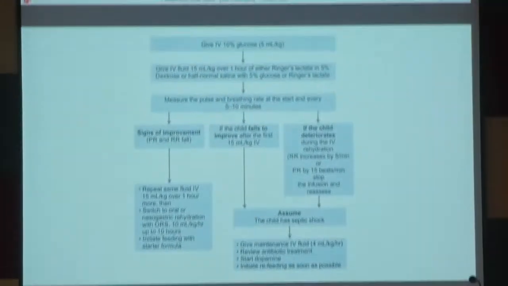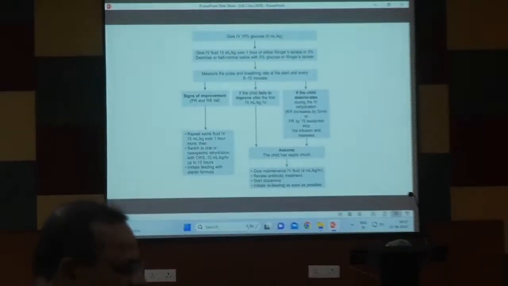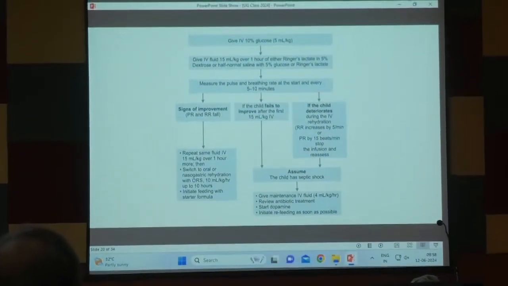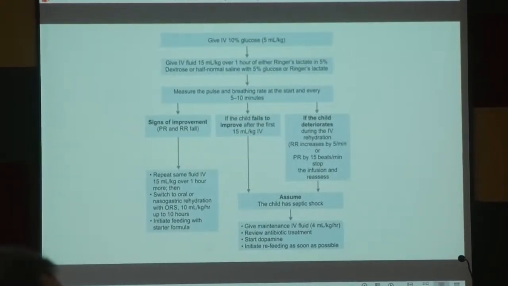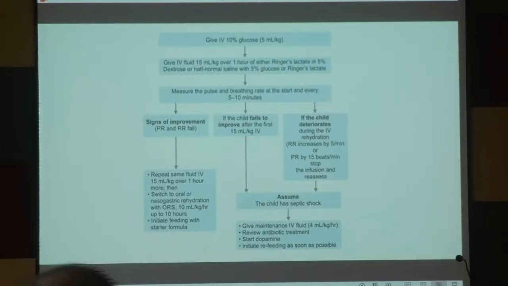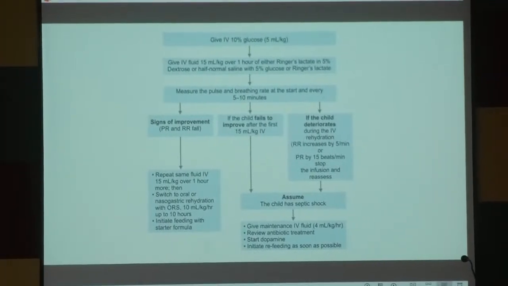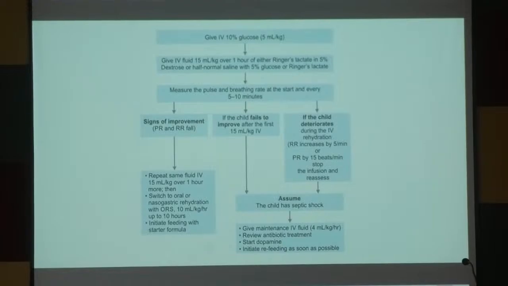This is another algorithm, you see. It started with the 10% glucose solution, 5 milliliter per kg. Actually, this point is difficult. So we are giving glucose 10% first, then we go to the other solution. What are those solutions? Either half normal saline with 5% dextrose, or Ringer's lactate in 5% dextrose.